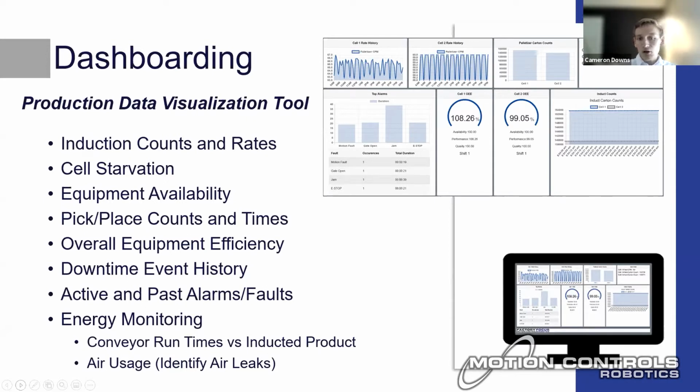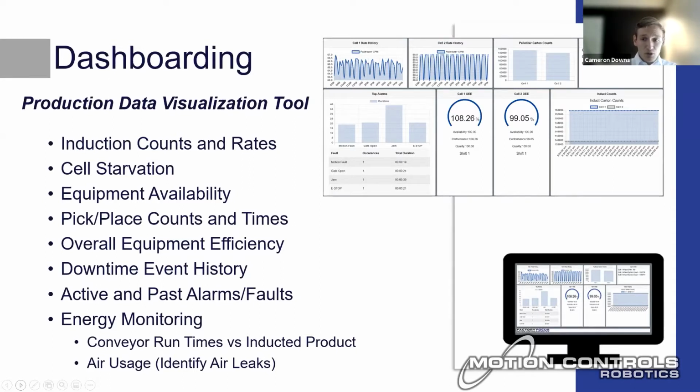To calculate overall equipment effectiveness, induction rates, we can show downtime over the day, and all in an easy to understand graph. Whereas before, without all this data collection and data aggregation and analysis, it took either a process engineer or a data scientist to really understand what was going on with the system.